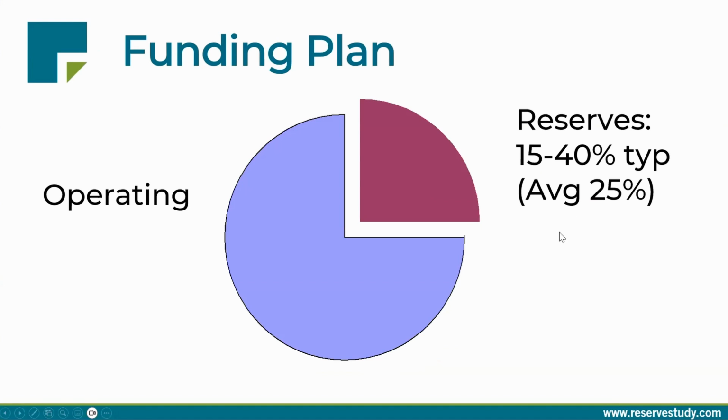And that range is 15 to 40%. So think about that. That's what's going to define the obligation that the association has. It's all based on what are the expenses, the ongoing deterioration. Typically, it's amazingly consistent. 15 to 40% is what it's going to take to offset your ongoing deterioration.